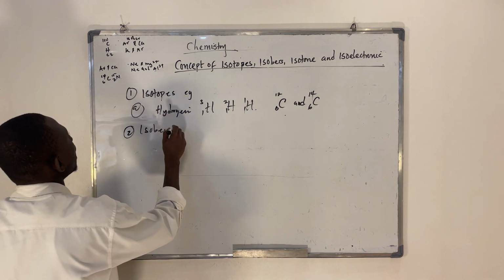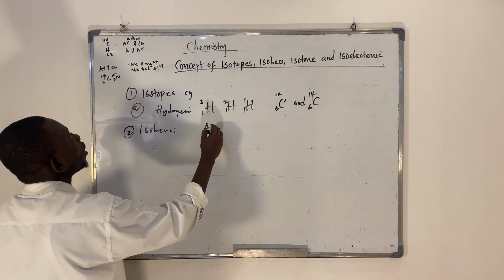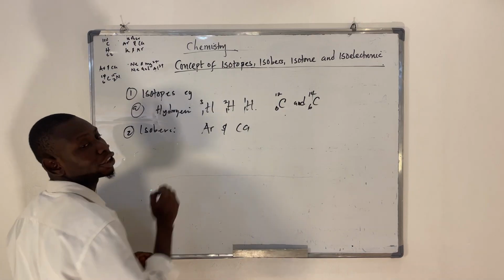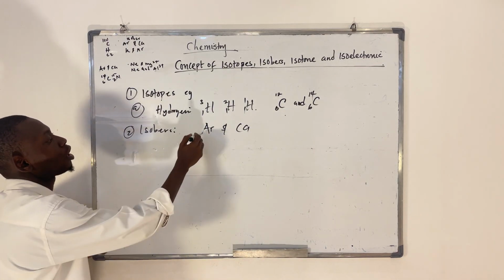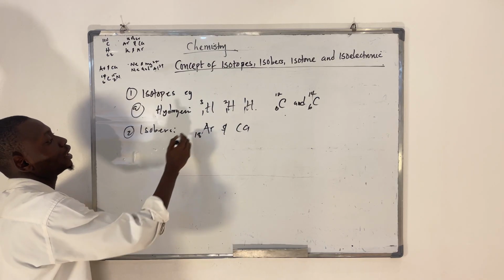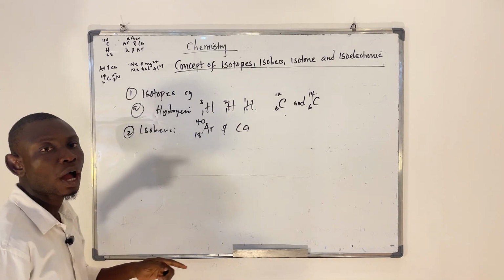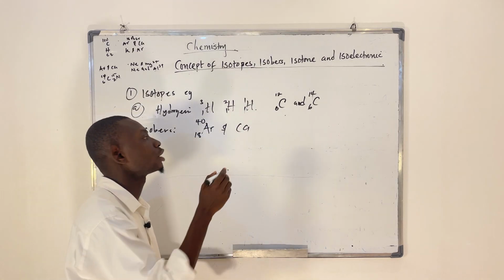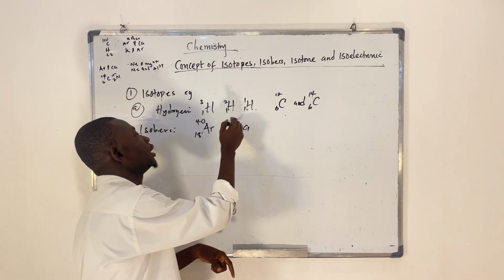of elements that exhibit isobar are argon and calcium. Argon has an atomic number of 18. The mass number of argon is 40. While calcium has an atomic number of 20, and the mass number is 40.